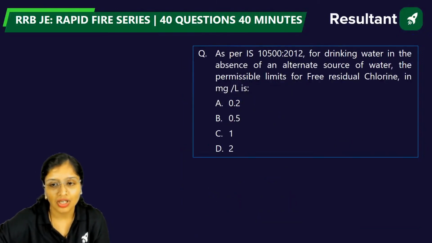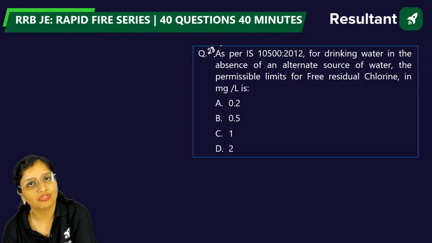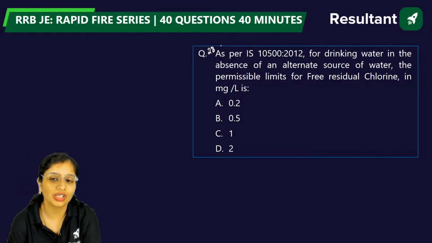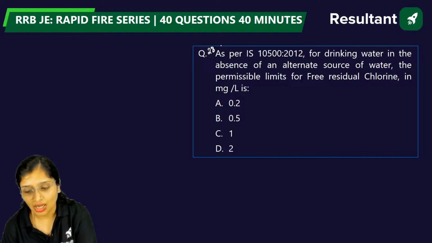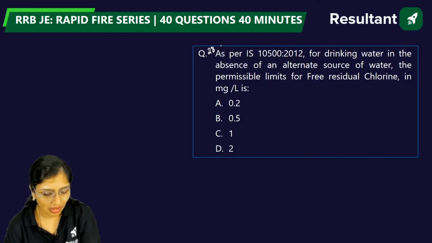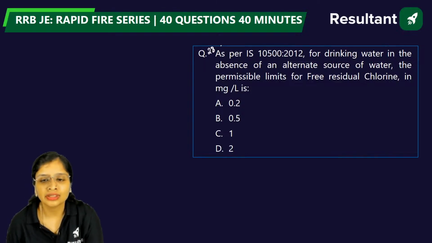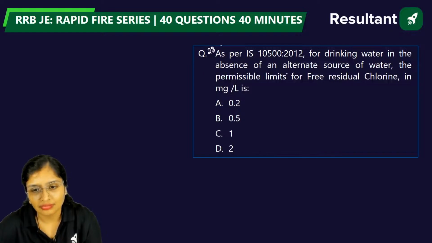Okay. Question number 28. As per IS 10500:2012 for drinking water, in the absence of alternate source, what is the permissible limit for free residual chlorine?